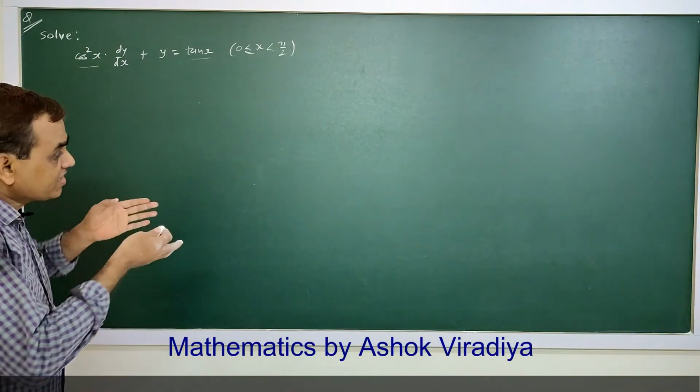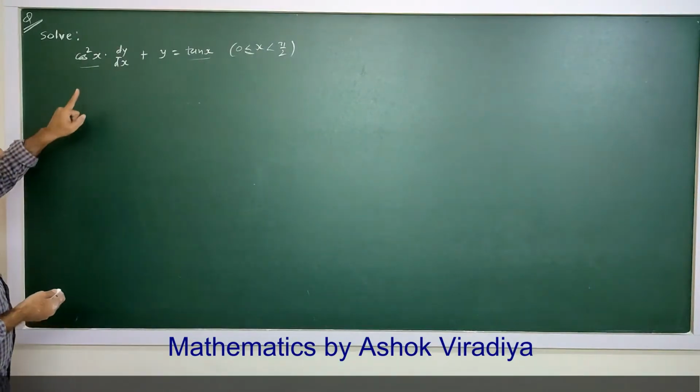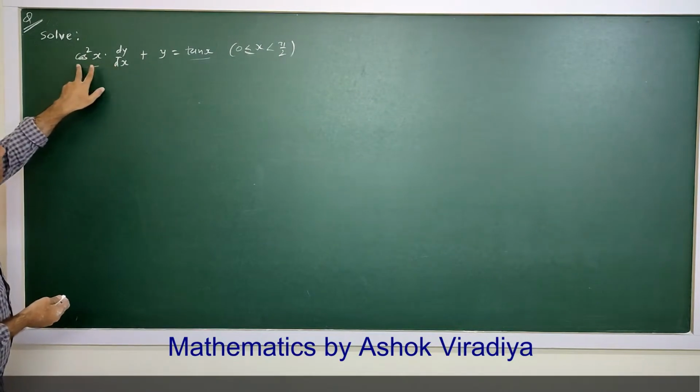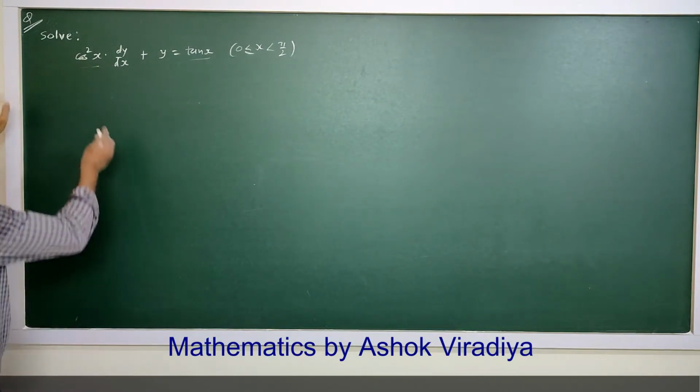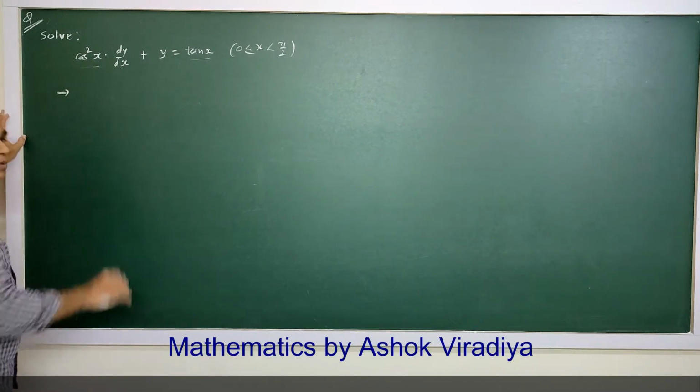So to get its standard form, if anything is beside dy by dx, remove that part. So to remove this part, we divide this equation by cos square x.